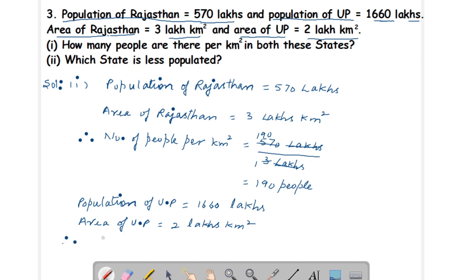Therefore, number of people per kilometer square is equivalent to 1660 lakhs upon 2 lakhs.